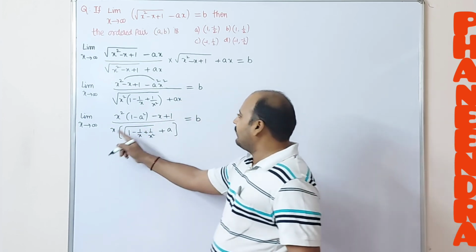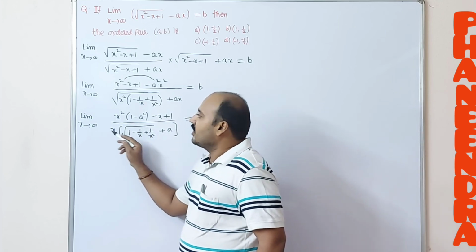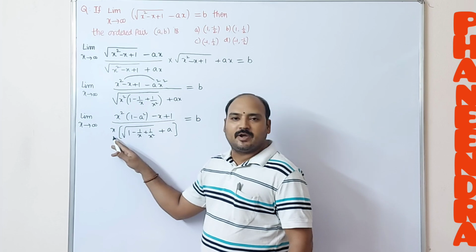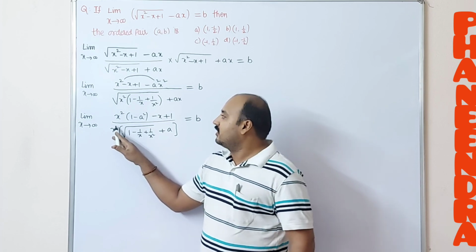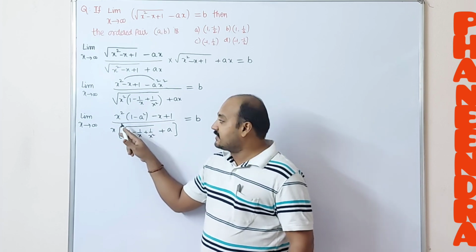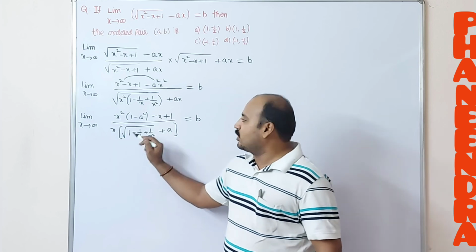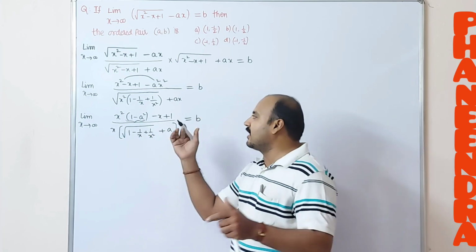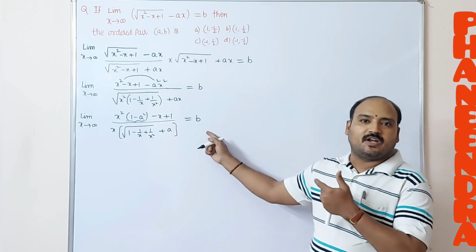So whenever this limit value is finite and x extends to infinity, the numerator has the highest power and the denominator is x. The numerator degree is greater than the denominator degree. So the x square coefficient should be equal to 0 for this limit to exist. Why? Because this limit value is a finite value.